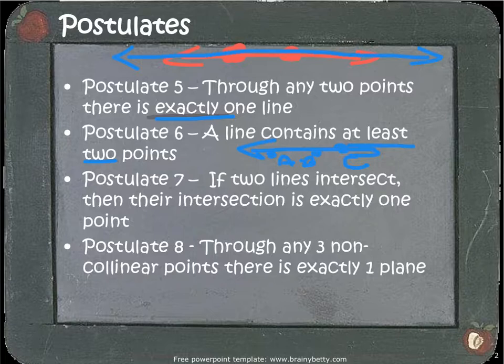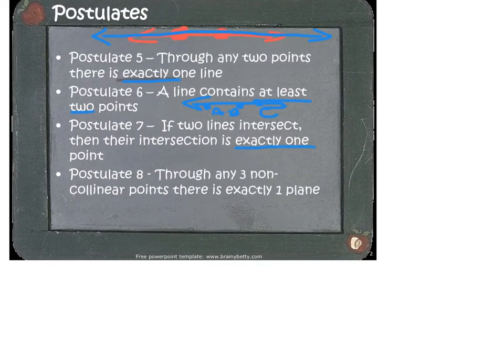And that's postulate 6. Postulate 7 states that if 2 lines intersect, then their intersection is exactly 1 point. So if I have 2 lines and they intersect, their intersection occurs at exactly 1 point. That would be a picture that would represent postulate 7.